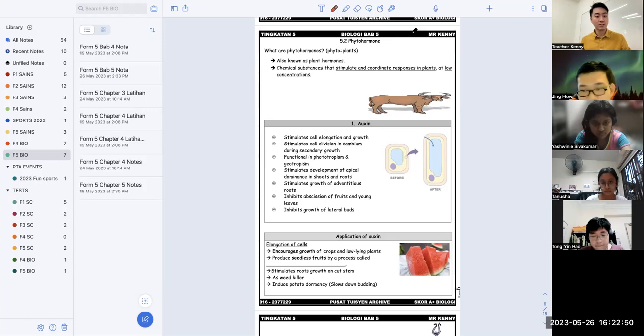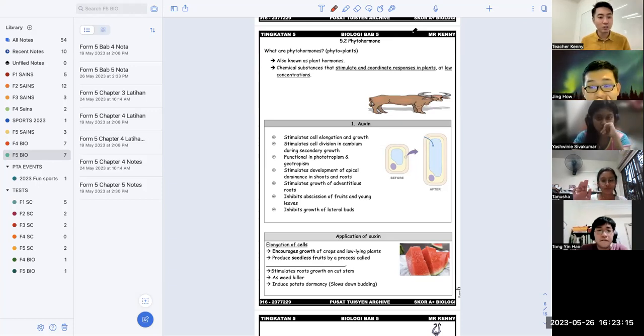ADH, good. FSH, GH, good. LH, progesterone, good. Estrogen, good. Testosterone, good.